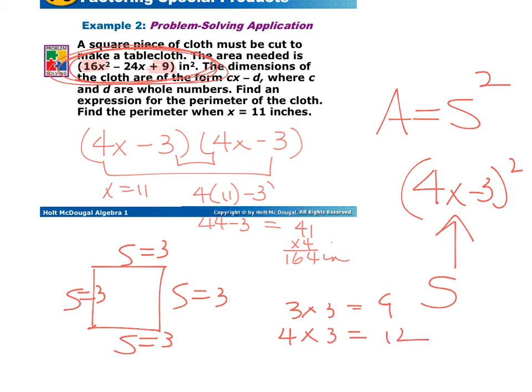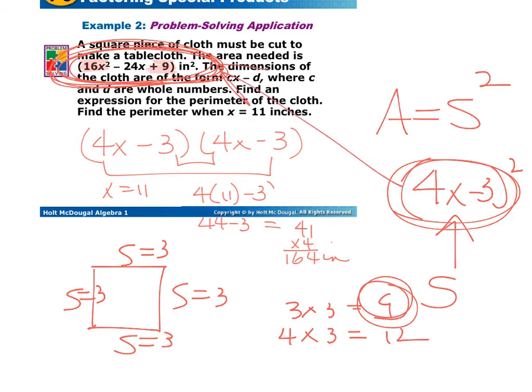So what I did here was they had already given me the area, which was 2 binomials multiplied, which was this. So this times itself gave me this. Why 3 times 3?